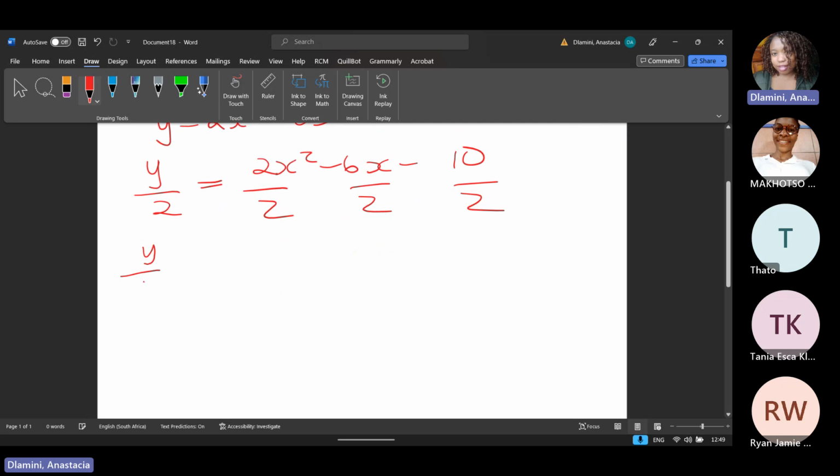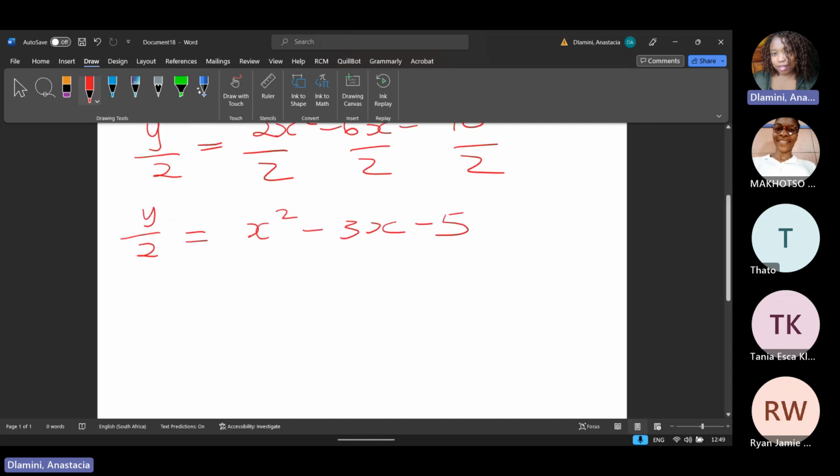Now this is y over 2 equals x squared minus 3x minus 5. What did I say? You cannot start completing the square if the coefficient of x squared is not equal to 1. Can we now start completing the square? Yes, ma'am.